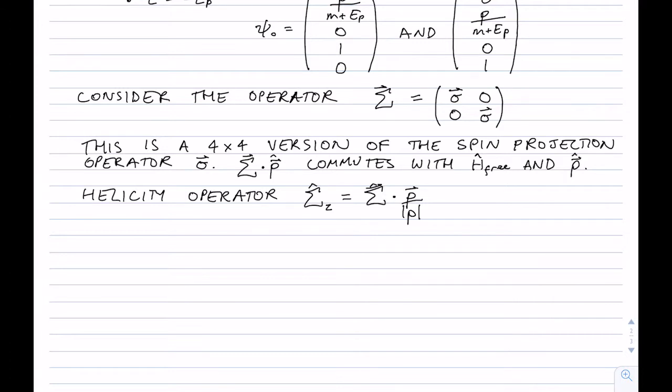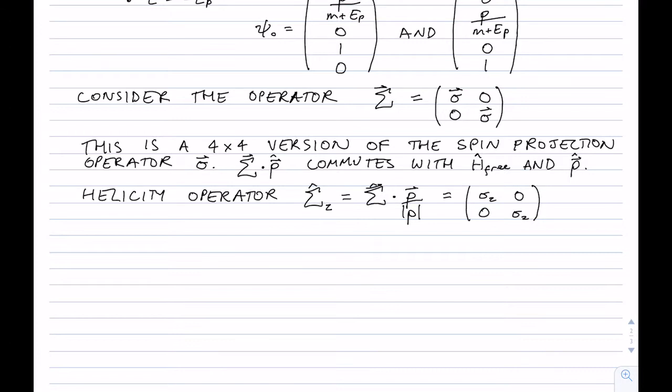So it's the sigma in the direction of p. In our case, where we've decided that we're going to have p in the z direction anyway, we can just write this as sigma z, 0, 0. So it's going to define positive and negative helicity.